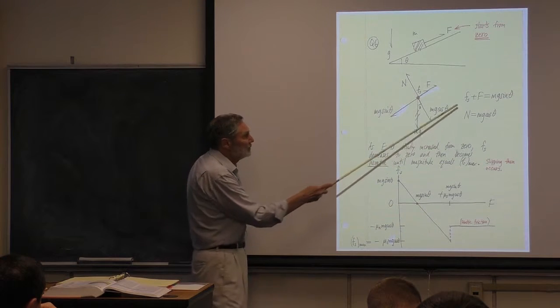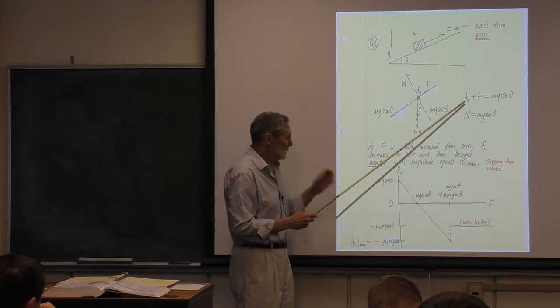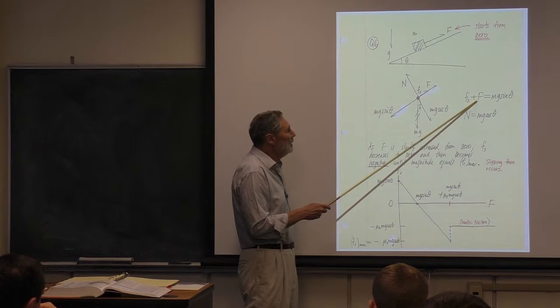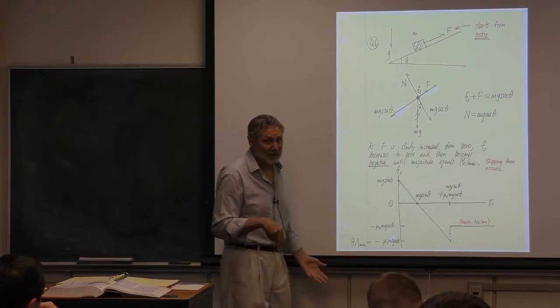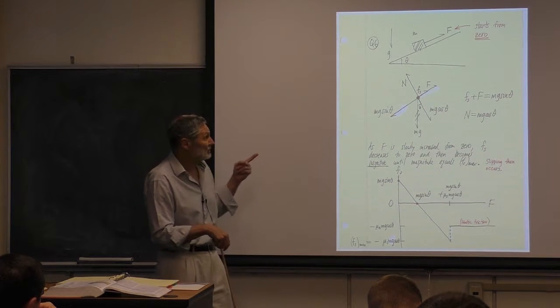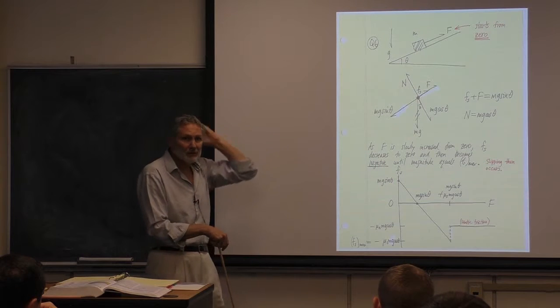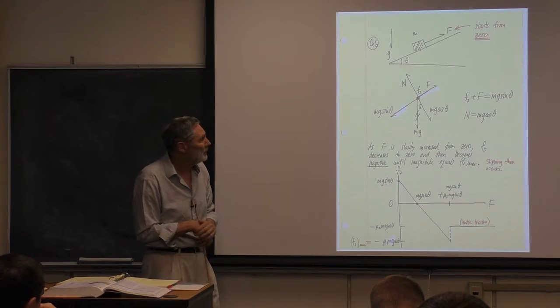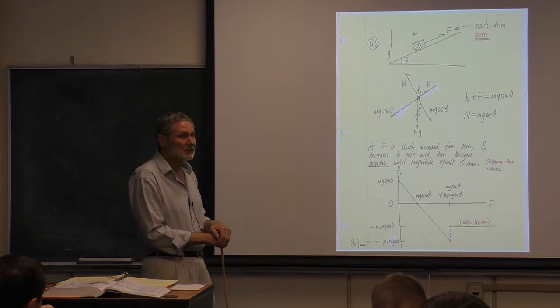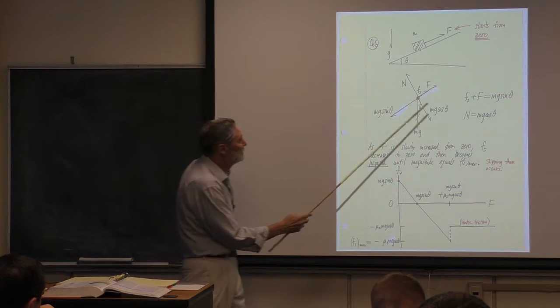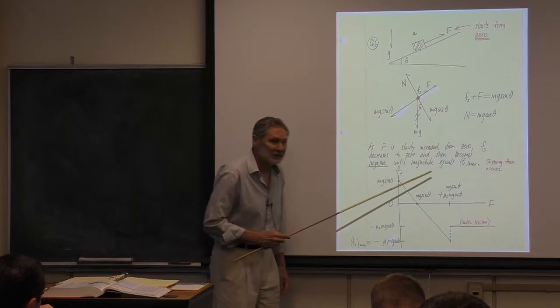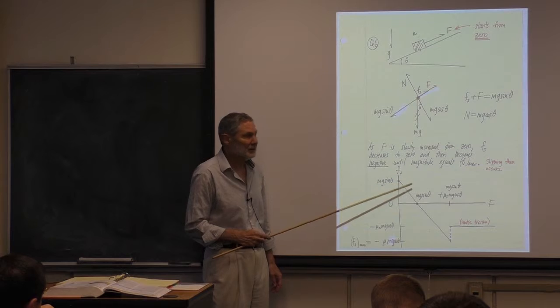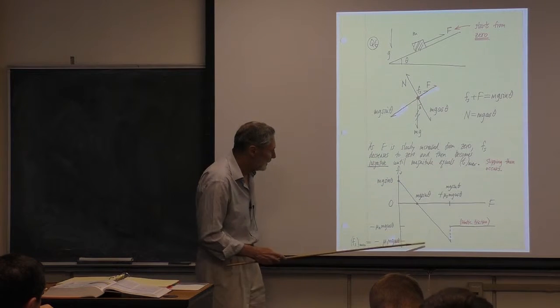If I keep increasing that force, and this is what Eric's wondering about, what's going to have to eventually happen? Eventually it's going to slip and it's going to go up the incline. You know it. And at that point, what's happened to the frictional force? The static friction is maxed out. It's a maximum in the negative direction.